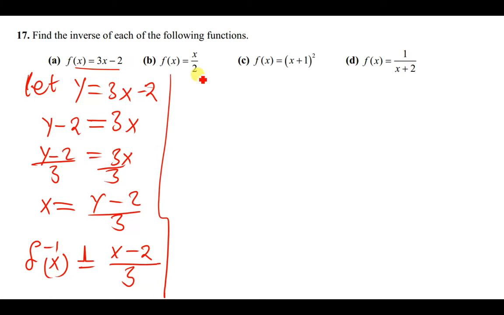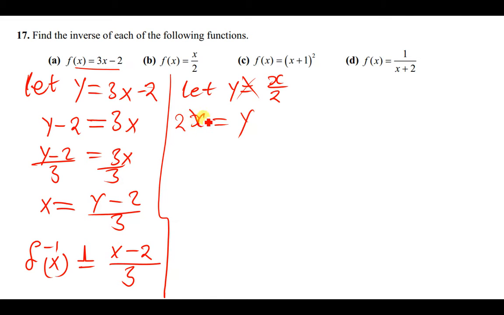In the next question we'll also do the same. We'll say let y be equal to x over 2. Then we make x the subject, so we're just going to cross multiply in this case. When we cross multiply here, we're going to have 2x is equal to y. Or rather, not 2x is equal to y, but 2y is equal to x. This is what we're going to have.